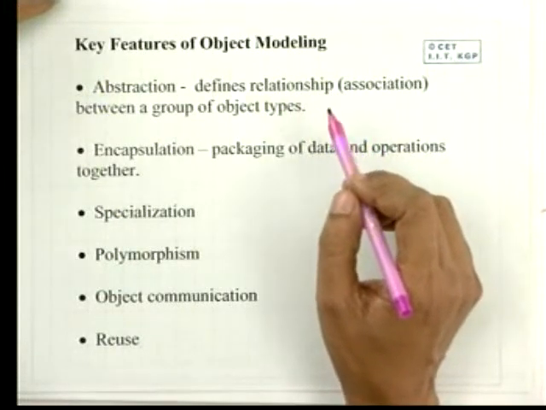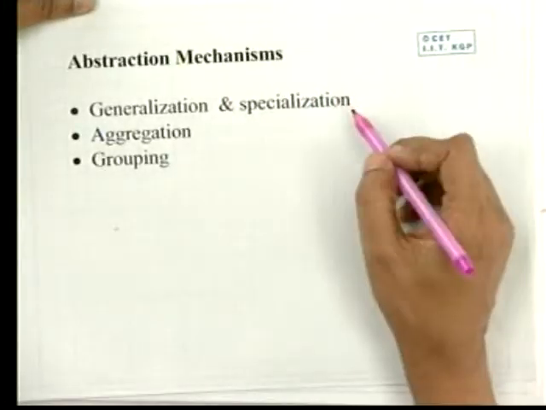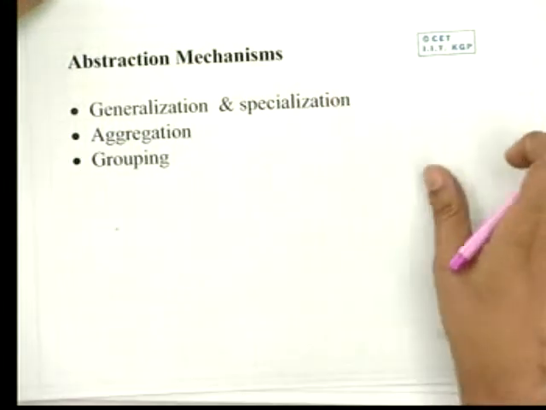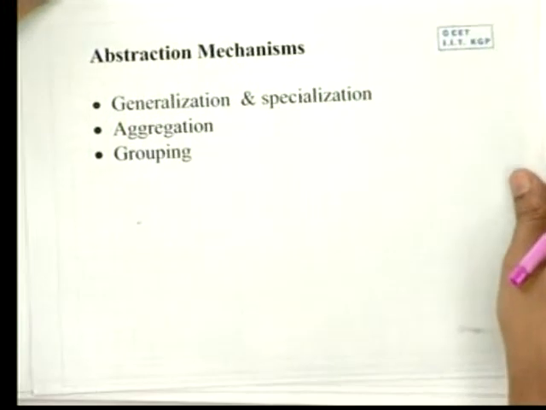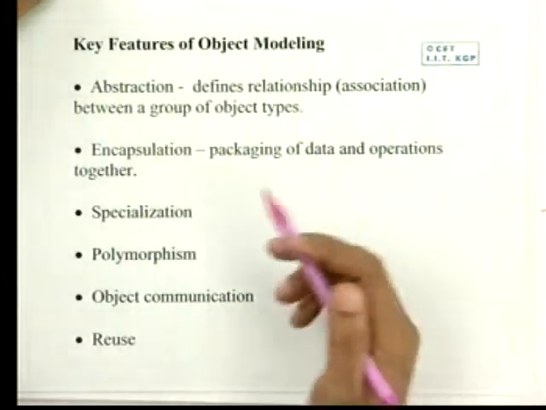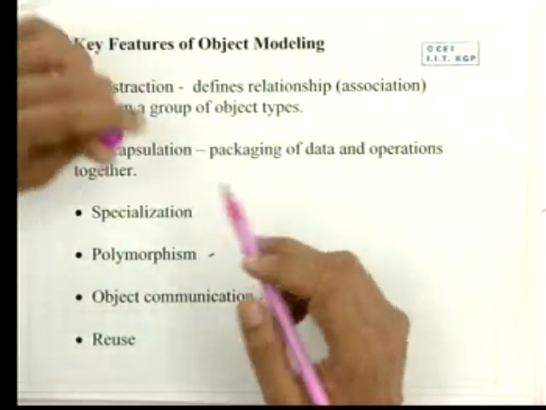We have considered abstraction mechanisms such as generalization and specialization, aggregation and grouping, and how they help in defining complex object structures. We have also talked about features like polymorphism, object communication, and how the same method can be overloaded in the subclasses of a class.